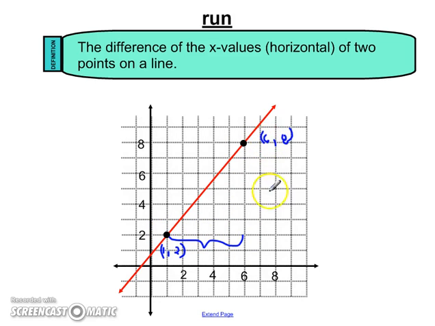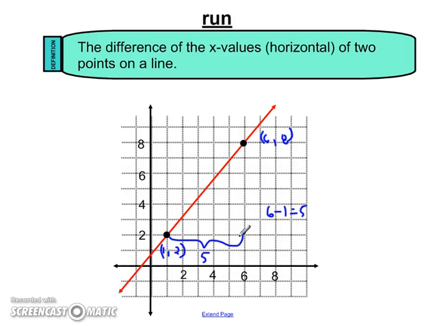Because if I take my 6, that's my x-coordinate of the second one, and I subtract my 1, that's my x-coordinate of the first one, 6 minus 1 is 5. And you'll notice if I count this out, they are 1, 2, 3, 4, 5 units apart horizontally. So that difference in x values calculates my run.